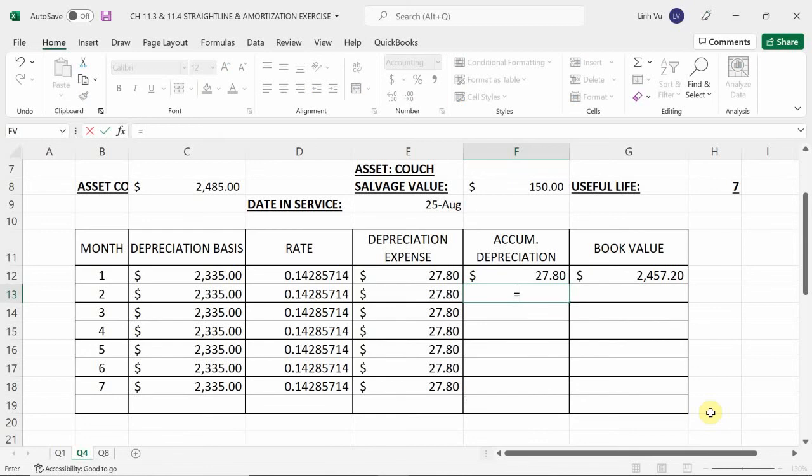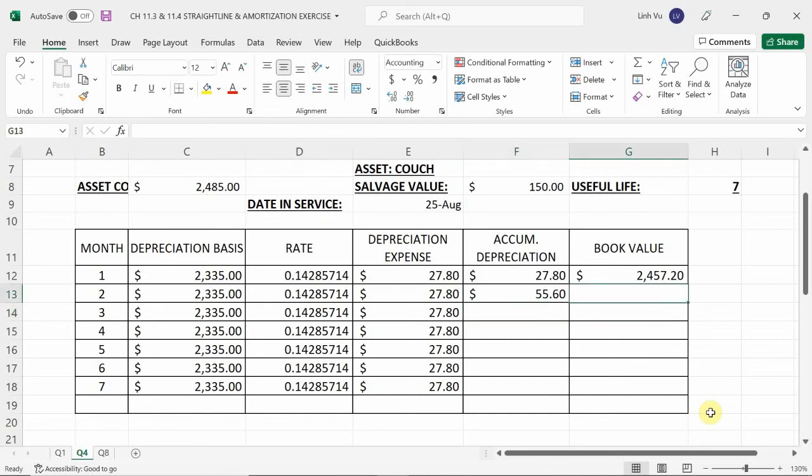What's my accumulated depreciation for the second month? 27.80 plus 27.80, we got 54. 55.60, you forgot the 80 cents.